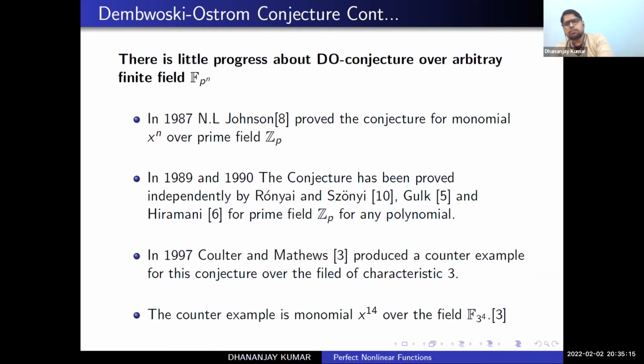This is a perfect nonlinear function, although it is not a Dembowski-Ostrom polynomial.